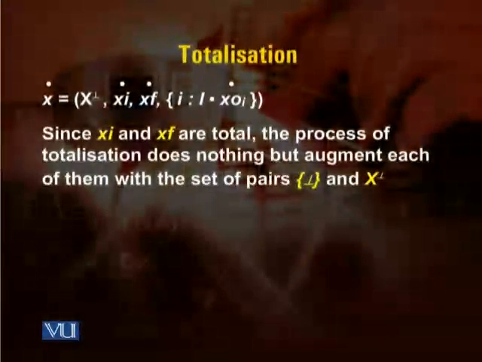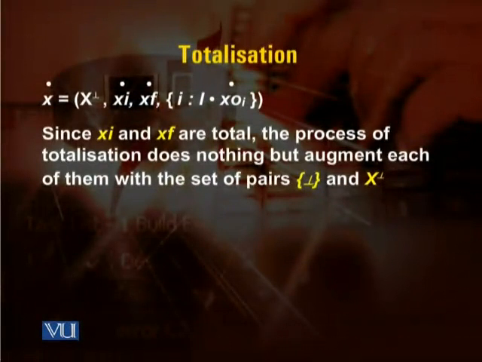Since xi and xf are total, the process of totalization does nothing but augment each of them with the set of pairs. That is, we add this inverted T to this data type X, a domain of X, and then we define this relation from inverted T to all the elements in this.